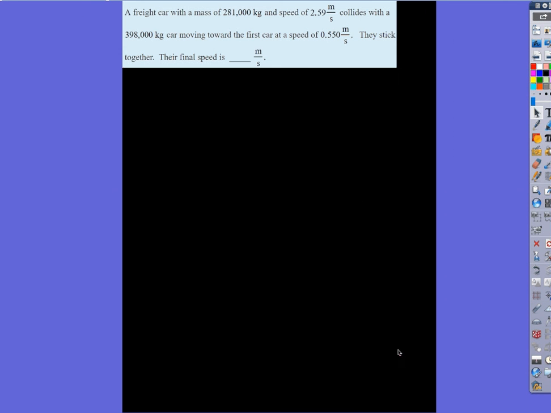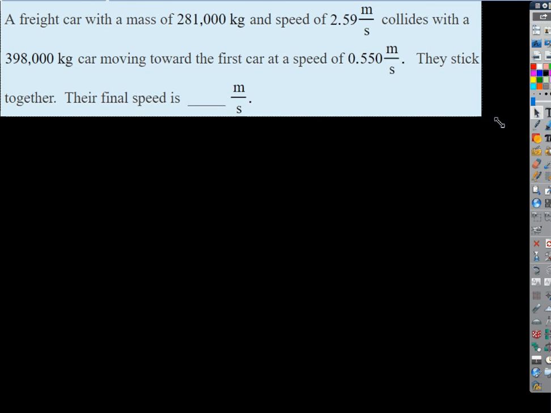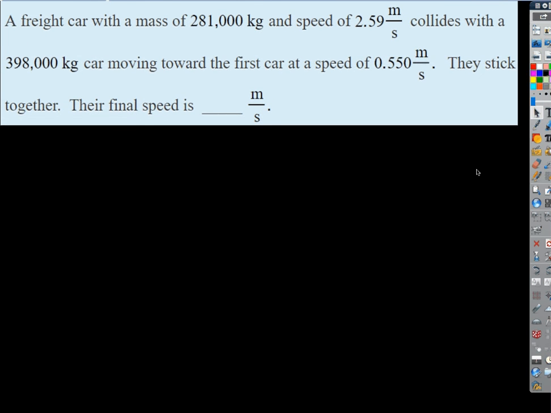So let's make a picture of this. If we represent this with a picture, we've got object 1. Let's say it's moving to the right, the positive direction.